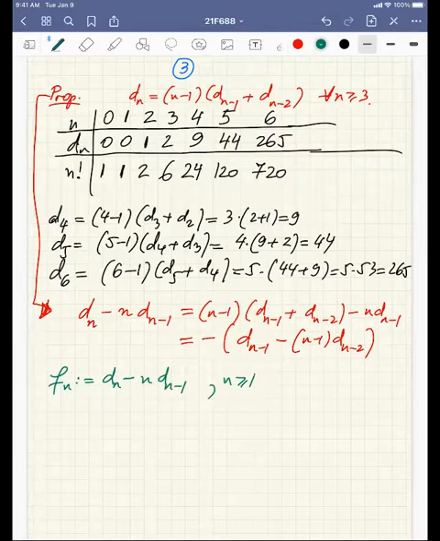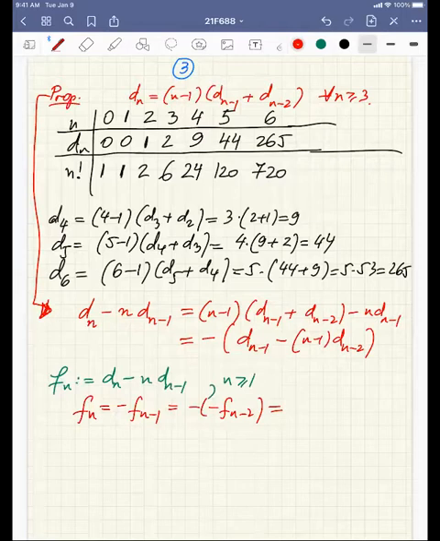And what we get here is that the equation above says that f_n equals minus f_{n-1}, which, if you apply it again, is going to be f_{n-2}, and so on. So this sequence f_n just repeats with a period of 2.